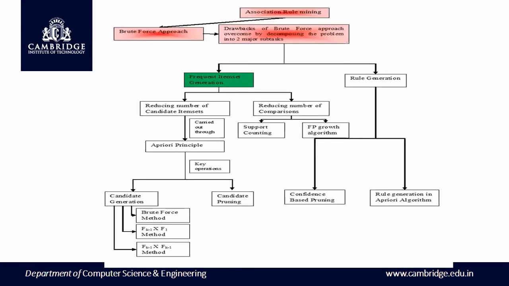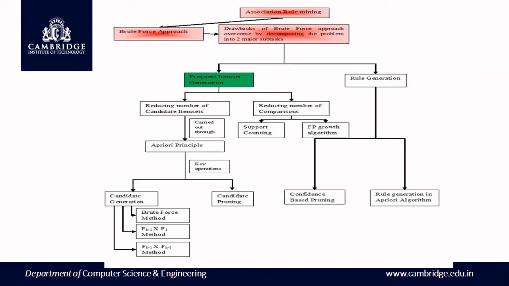Getting back to our flow chart of association rule mining. In the flow chart, in every session, I have highlighted the topics that have been completed in gradient red, and the topic I am dealing with currently in green. So the topic for today's session is frequent item set generation.